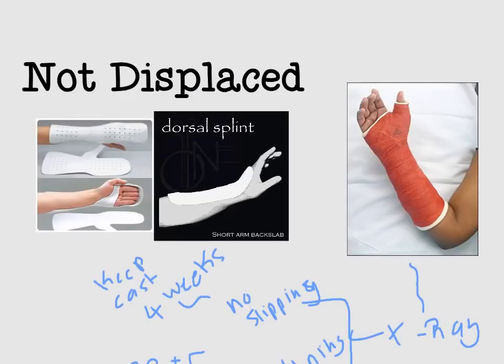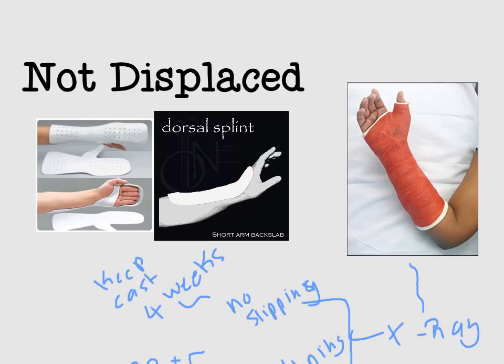So what is the treatment of Colles fracture? The treatment depends on the presence of displacement or not. If we don't have displacement, then we just apply a dorsal splint, dorsal because it's on the dorsal part of the arm and hand.